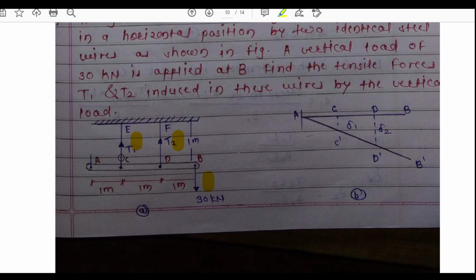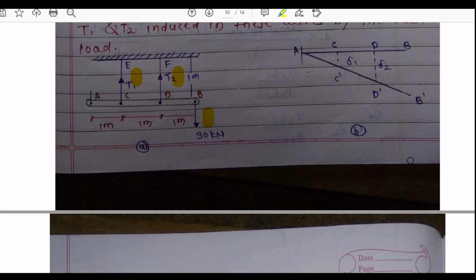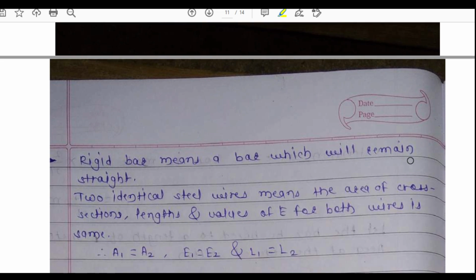This wire will have some extension and this wire will also have some extension. The dotted portion shows the extensions in the wires. From C the bar will shift to C dash, from D to D dash, and from B to B dash when the 30 kilonewton force is acting.